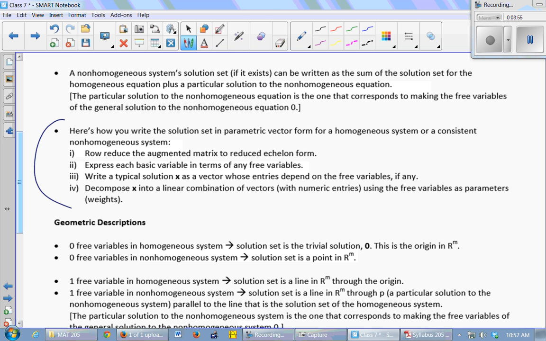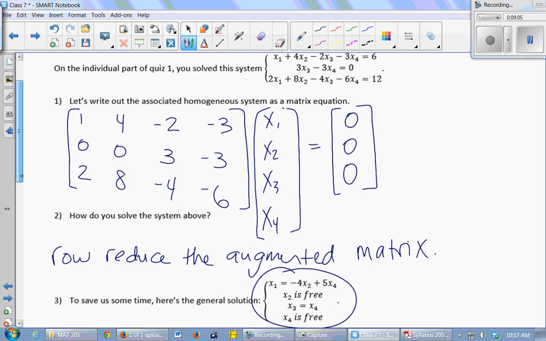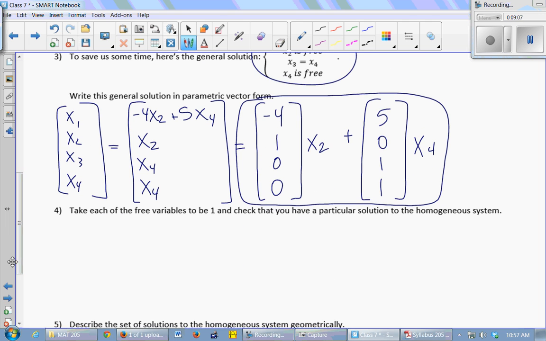And then decompose x into a linear combination of vectors where the vectors only have numbers in them and the free variables are the weights. That's exactly what we've done here. I wrote a typical solution vector x in terms of the free variables, and then decomposed it into a linear combination where my free variables were the weights.